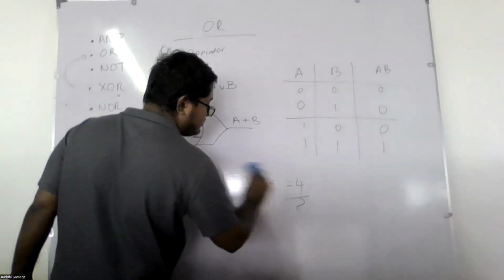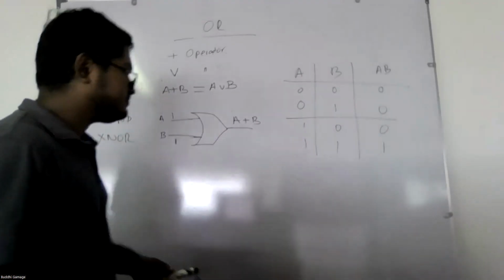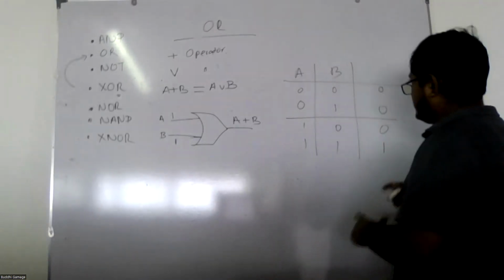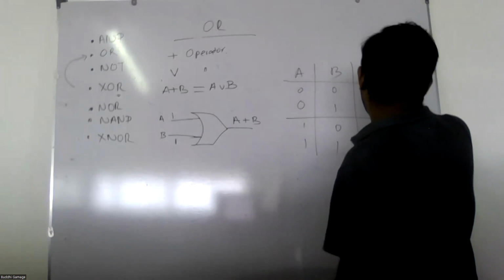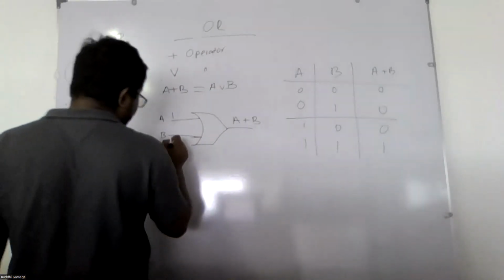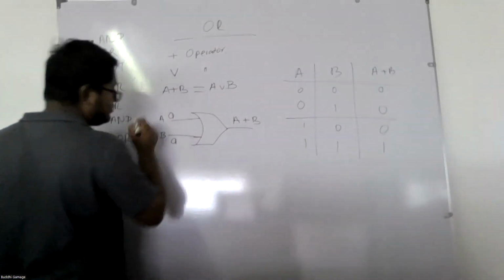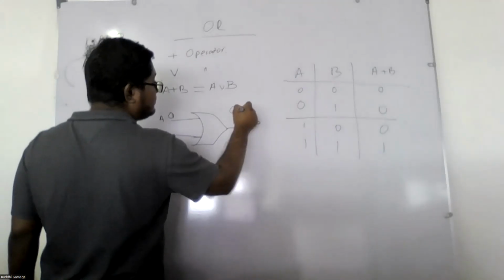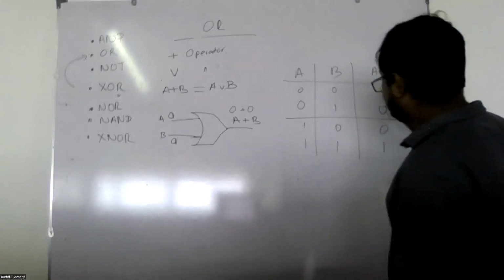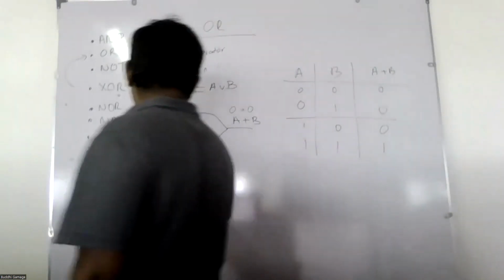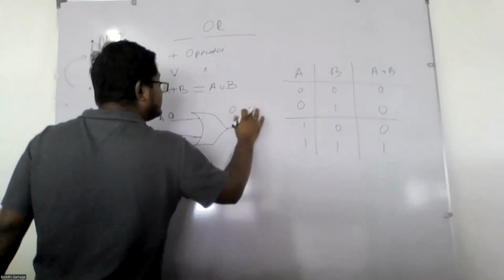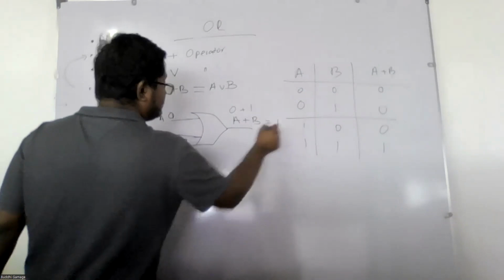So what is the logic or what is the rule? We can quickly derive it by using the truth table. A plus B. If both are 0, that means 0 plus 0, so the output will also be 0, right? If either one is true, let's consider A is true, then 0 plus 1 is 1.